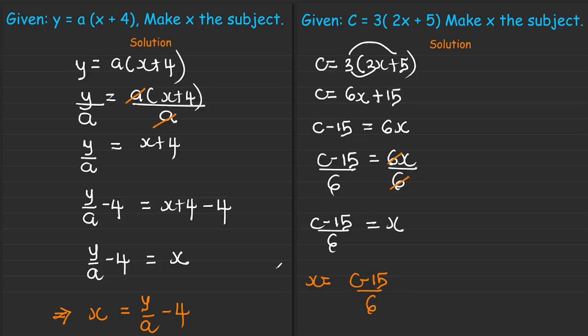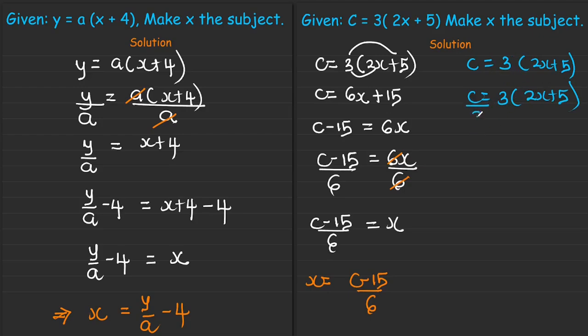But if you chose to divide straightforward, let's see how that is going to be. So we have c equals 3 into bracket 2x plus 5. As we said, we are going to divide each and every side by the number 3, as 3 is the obstacle to the bracket, as you can see.